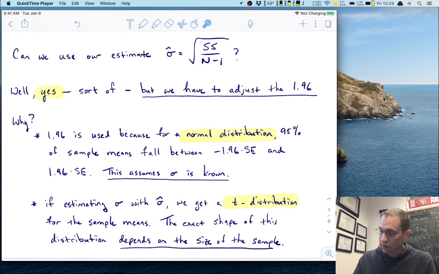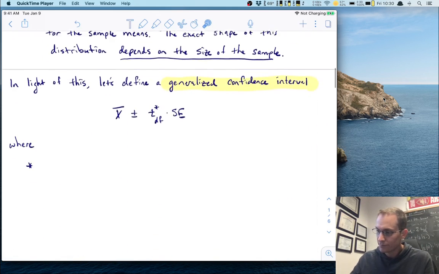And remember also that the exact shape of this distribution depends on the size of the sample. So what's going to happen here is this 1.96 that we've been using for confidence intervals is going to be different depending on how many participants were in the sample. So that's the purpose of today's lecture, is to figure out how to compute this confidence interval when it's no longer a fixed 1.96 times the standard error.